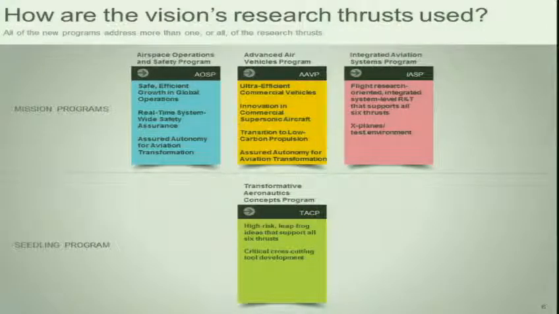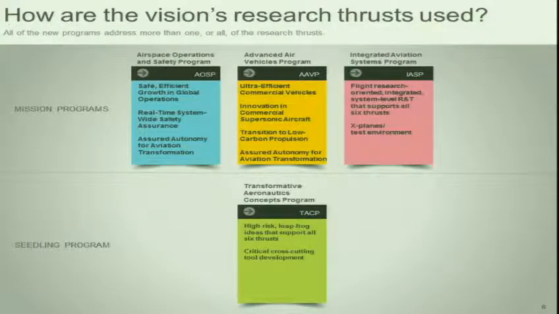And Advanced Air Vehicles takes the ultra-efficient commercial vehicles thrust, the innovation in commercial supersonic aircraft, transition to low-carbon propulsion, and right now a secondary role in assured autonomy for aviation transformation, but we want to put that in there because it's not just about the airspace, it's about the vehicle, how those things come together, and so we need to find ways to make sure that both programs really take that into account.